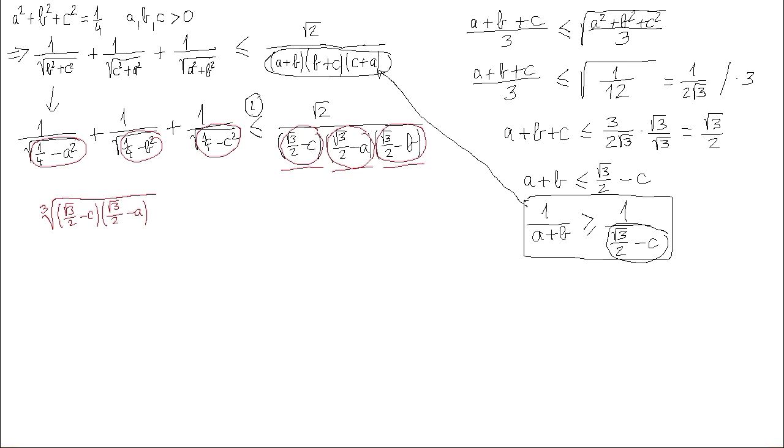Actually, yes, they will be positive, because, for example, square root of 3 over 2 minus c is greater than or equal to a plus b, which is greater than 0. So those will be positive numbers. So this is a geometric mean.